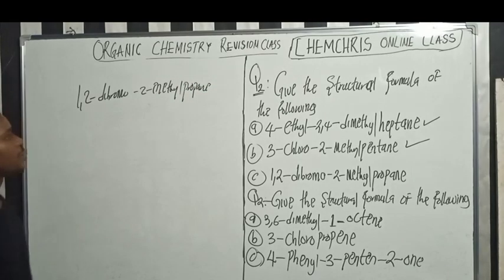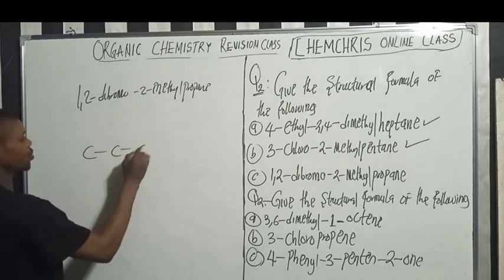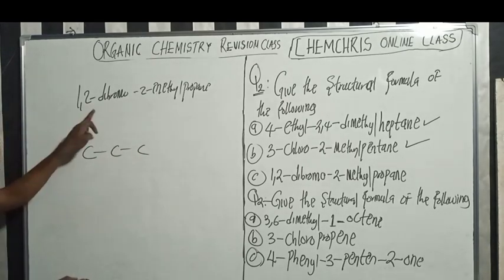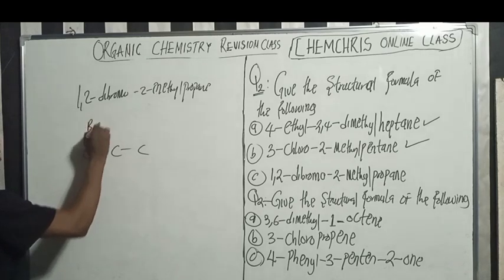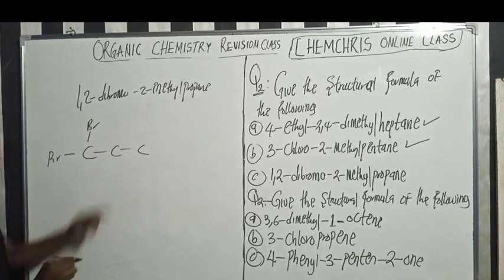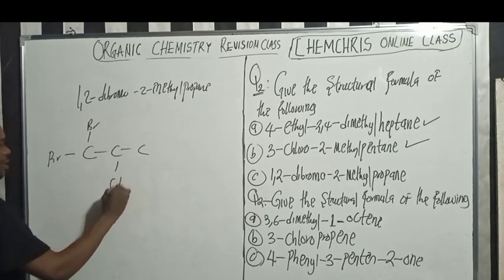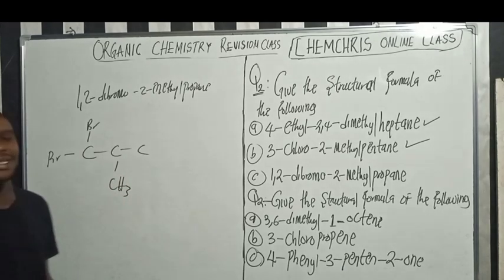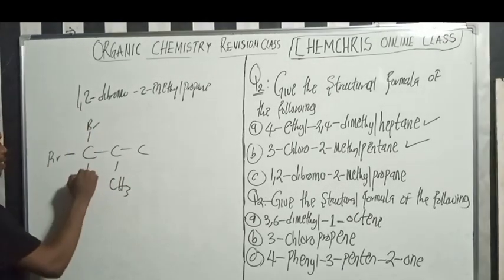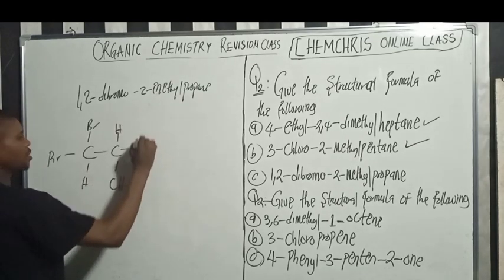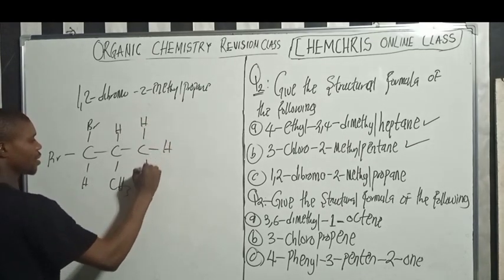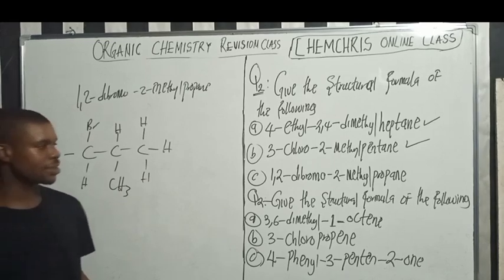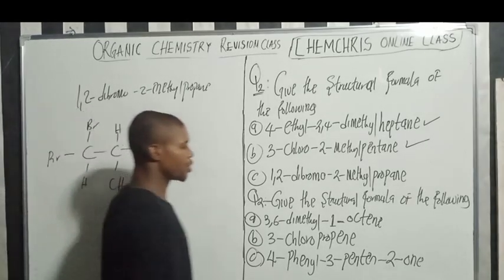Prop means how many carbon atoms? 3 carbon atoms. 1, 2, 3, right? So on carbon 1, I have a bromo, Br, and on carbon 2 I have a methyl, CH3. That is it. You can see how easy it is, right? So here we have to put hydrogen here, hydrogen here, hydrogen out, and hydrogen. As easy as that. So we are done with this one here.